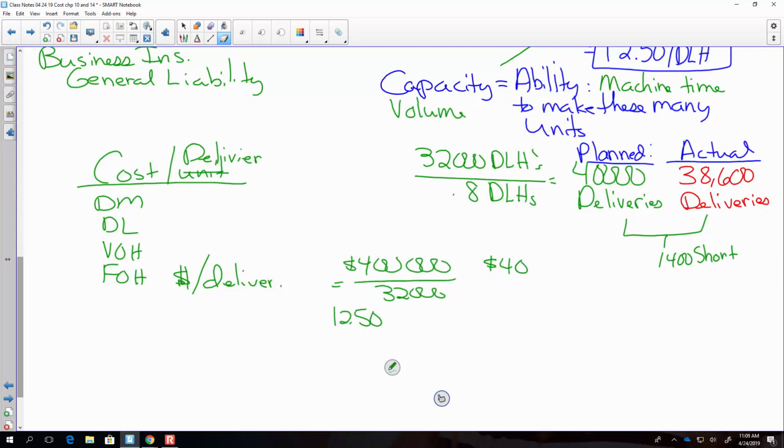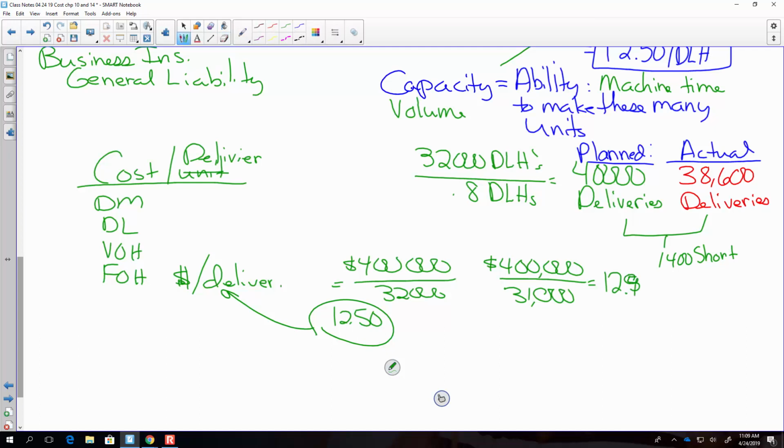Well, what if I divide it by my actual hours? 31,000. What's my cost per unit now? Here's what I planned, right? Like 12.90. It's 40 cents.